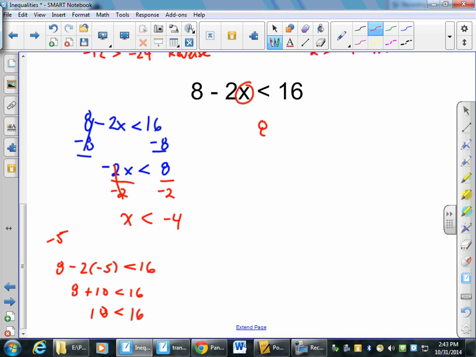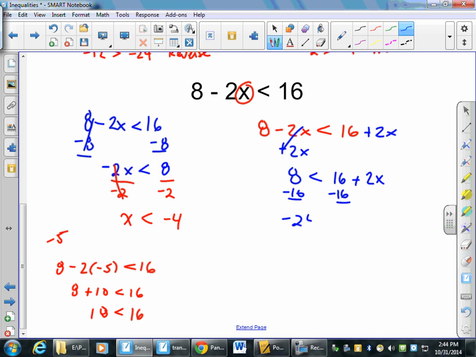Now let's take a look at another way to solve this problem. Another option would have been to use additive properties, but instead of subtracting 8, adding 2x. This would have left us with 8 is less than 16 plus 2x. Then use another additive property here.